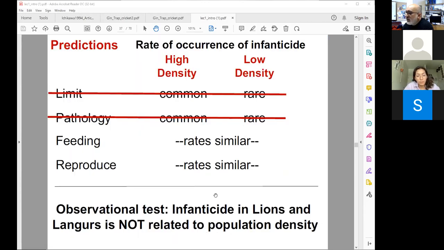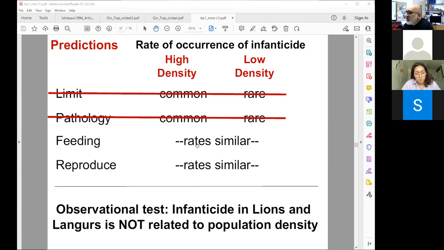And of course, we walked through all of these. Through observation, we know that these are a series of predictions that we would expect, and I guess we've put a red line through them already. But if we were to make predictions about the behavior of infanticide at high and low densities, then the pathology hypothesis and the food limiting hypothesis would predict that at high densities, we would expect to see a higher occurrence of infanticide.